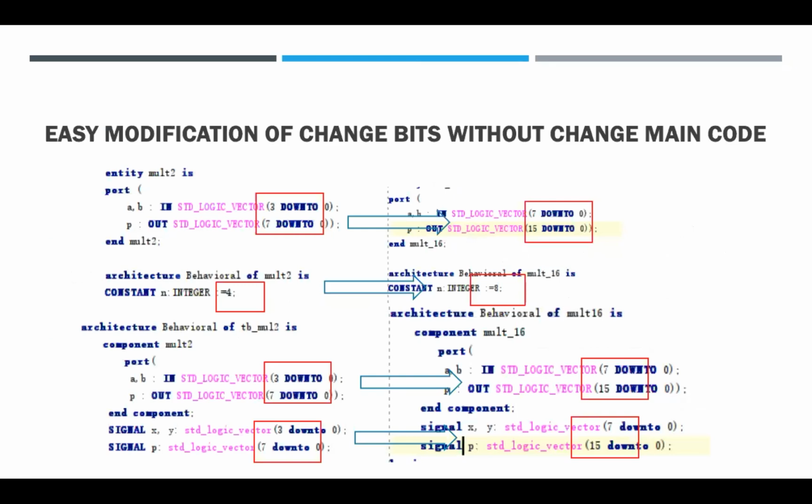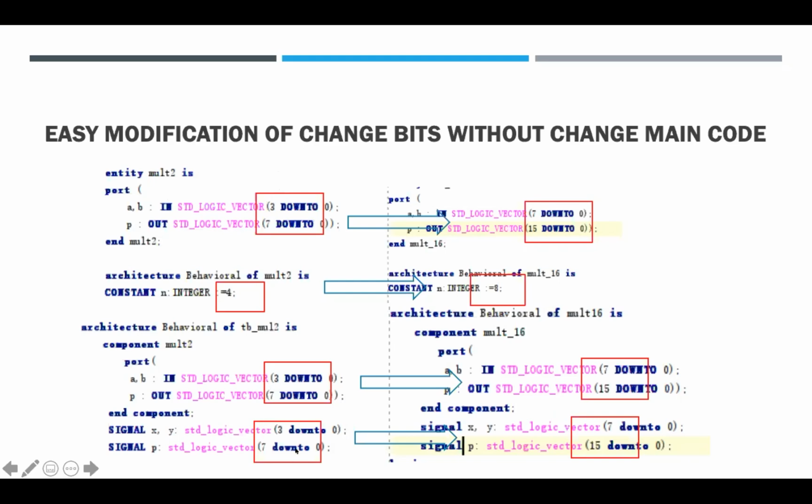Another reason for the coding improvement is that it becomes very easy to adjust the multiplier from a 4-bit multiplier into an 8-bit multiplier by only adjusting the vectors of input and output, and the constraints defined in the component and the test bench component vectors.